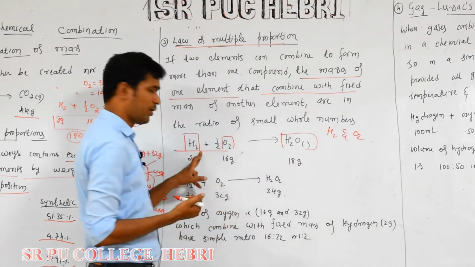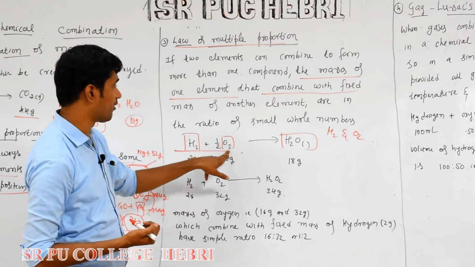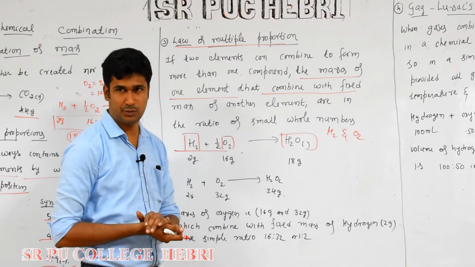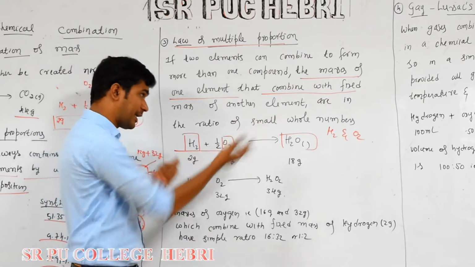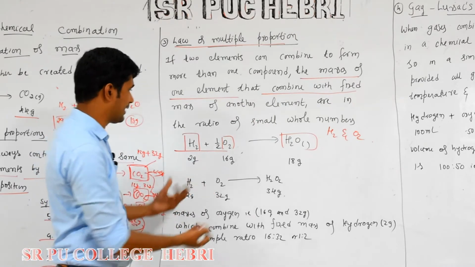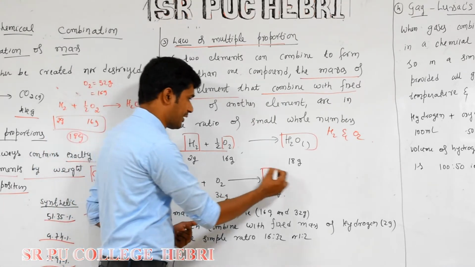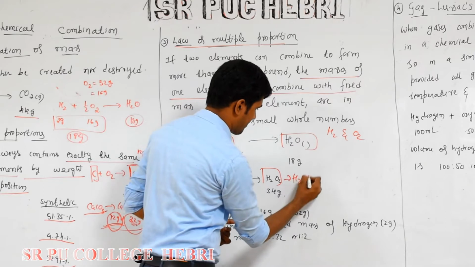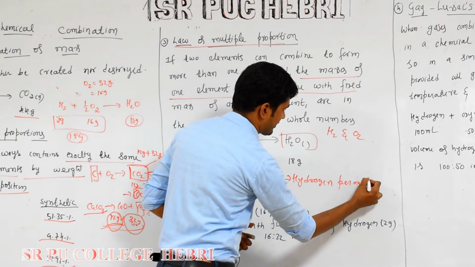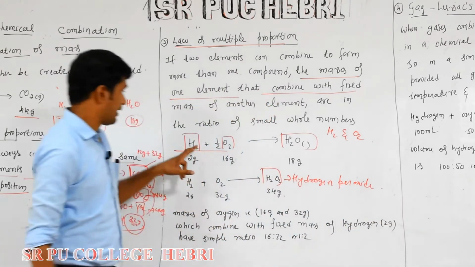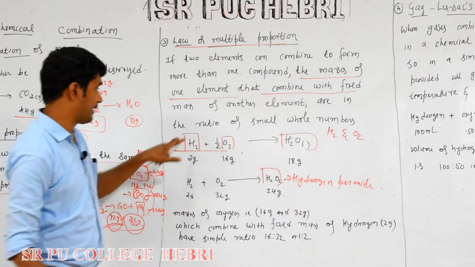Here 1 mole of H2 combines with half mole of oxygen to produce 1 mole of H2O. So this is the first reaction. Again the same 2 elements combine to produce a new compound, known as hydrogen peroxide, a disinfectant.